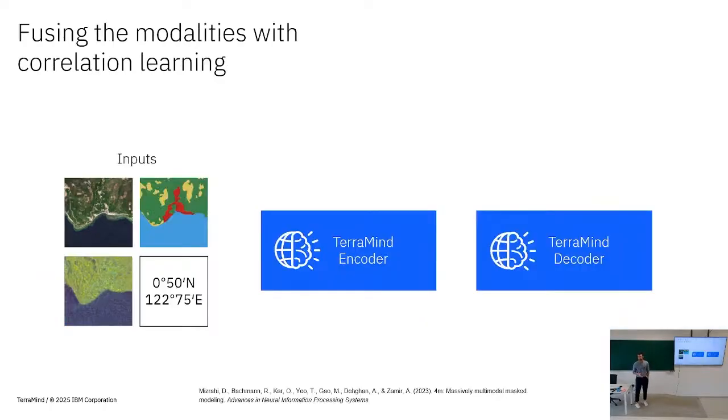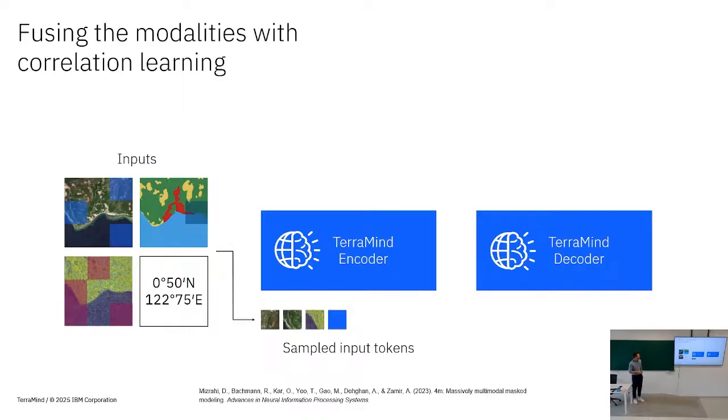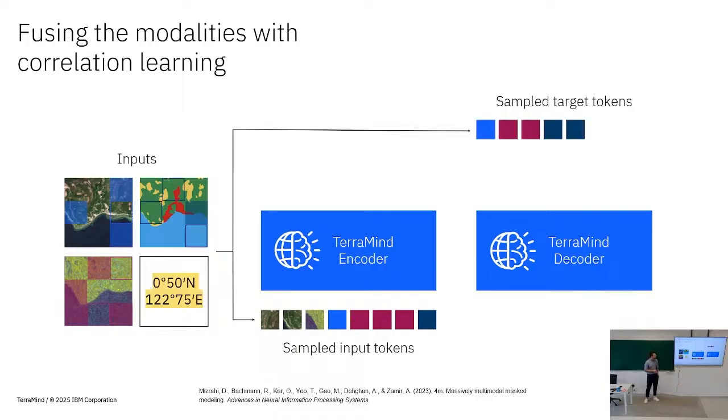After we did all that for all of the modalities, which took us 3 months and a lot of painful learnings, we had the tokens ready, we had pixel level input ready, and what we do in the TerraMind pre-training is we then sample from all of this data. We sample input tokens, and we also sample target tokens, which are other tokens in those images.